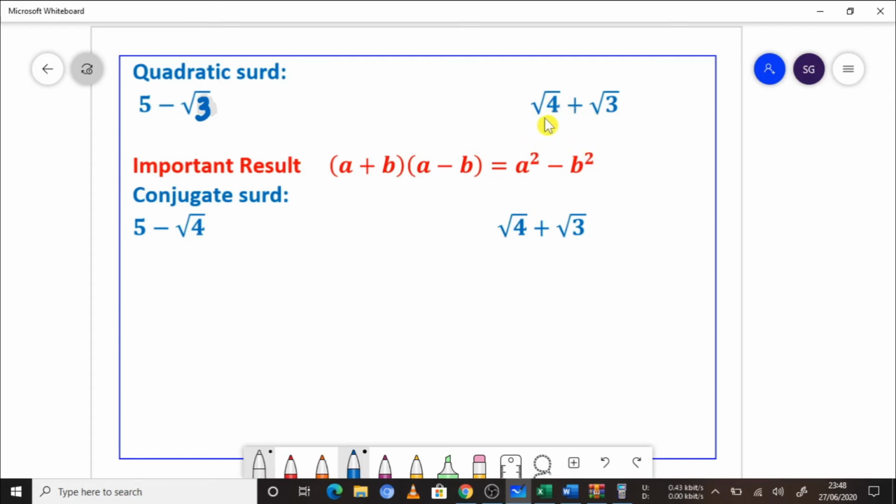Obviously, square root of 4 is the positive value 2, so this is 2 plus root 3, and this is a quadratic surd as well. Nevertheless, we can have both of them as two square roots. For example, square root of 2 plus square root of 5 is also a quadratic surd. So basically, a quadratic surd means a collection of two irrational numbers or a rational and an irrational number.